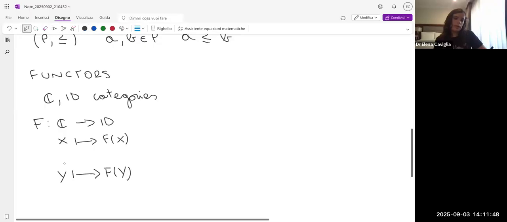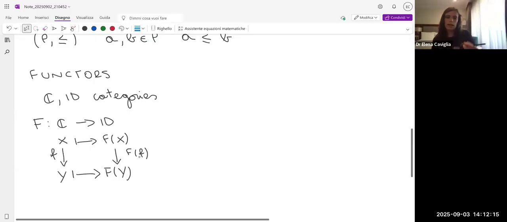And now in the category C, we might have an arrow f from X to Y. And also these arrows get sent to an arrow in D between F of X and F of Y. That is F of f. And these assignments respect the structure of the category.